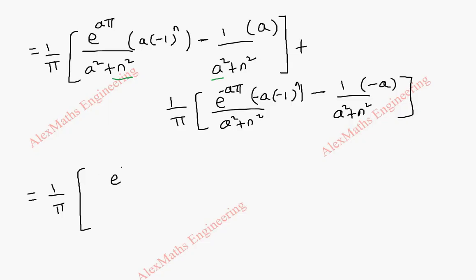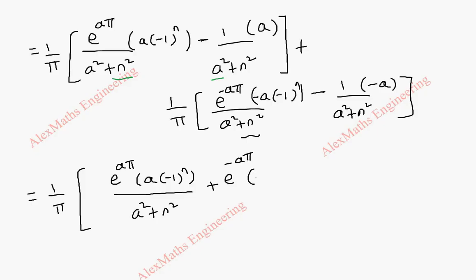So e power a pi into a into minus 1 whole power n by a square plus n square we have. Then let's write this one, plus e power minus a pi minus a minus 1 whole power n by a square plus n square.